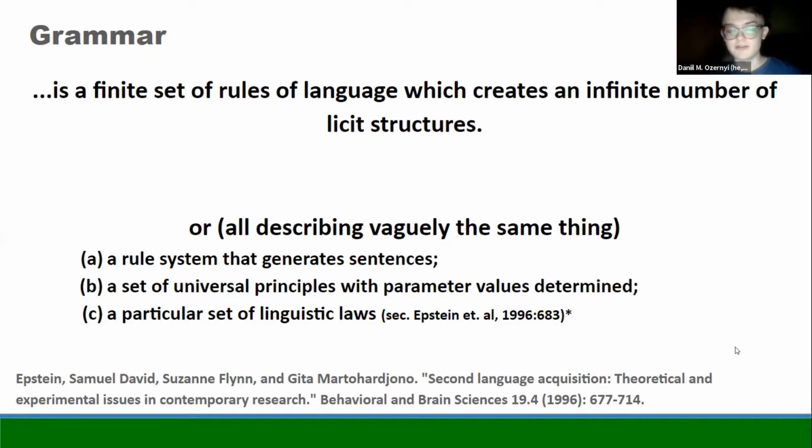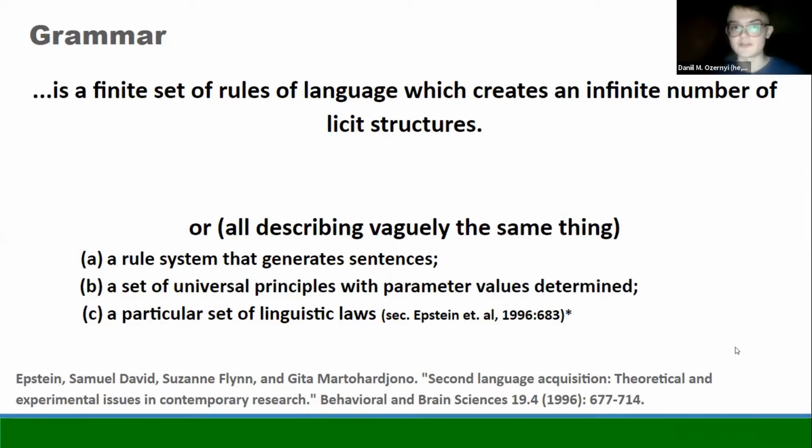Don't be worried about parameter. A set of universal principles and a particular set of linguistic laws. That should be very clear to you. Grammar is a particular set of linguistic laws, and your task is to evaluate to what degree the students are able to follow those linguistic laws.